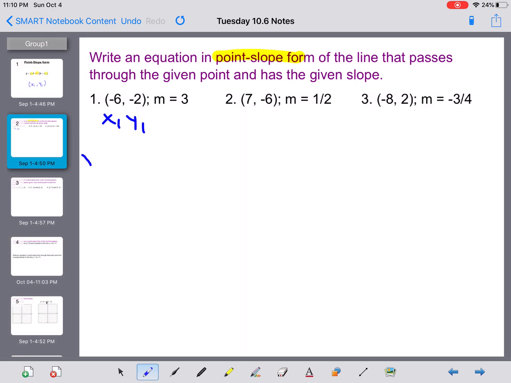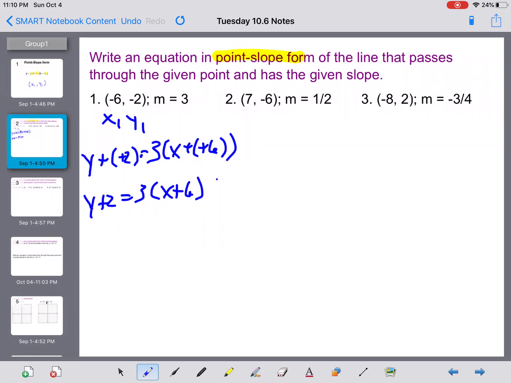We're going to say y minus -2 is equal to 3 times x minus -6. Then we want to clean up the double negatives, and we end up with y plus 2 is equal to 3 times x plus 6. That would be our final answer for that one.